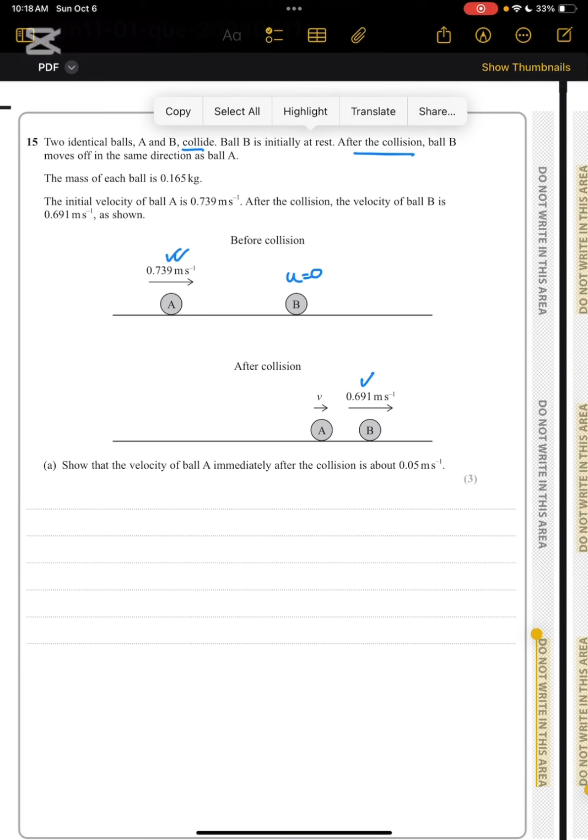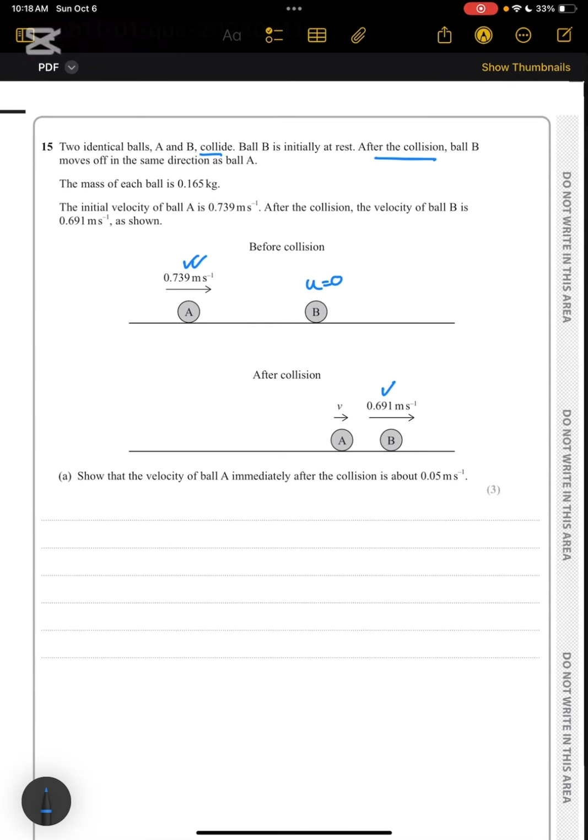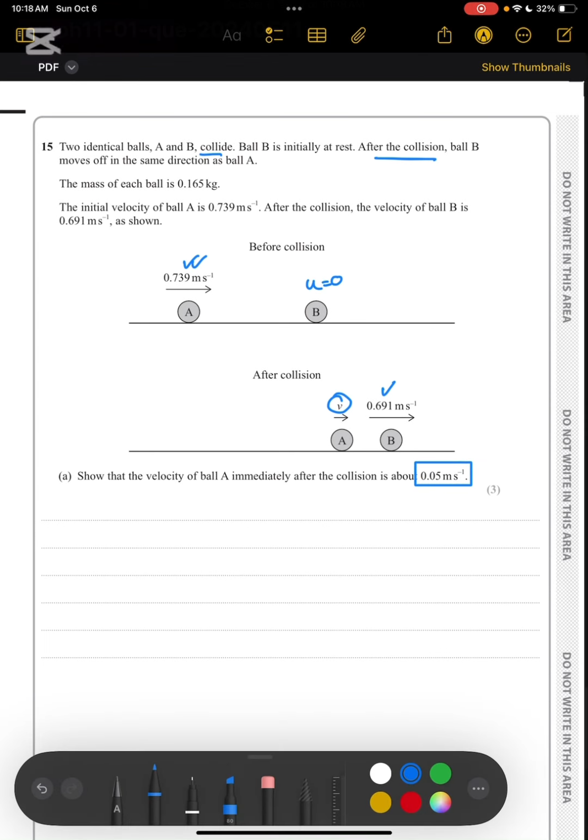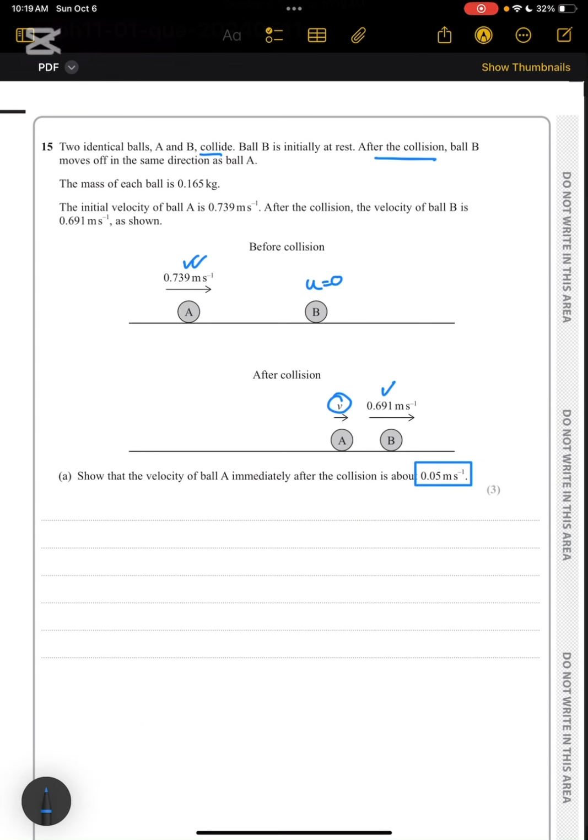So we have been asked to find out the velocity of ball A after the collision, and we have to show whether it is 0.05 or not. So let's go and find it out. If you consider before collision, we know the conservation of momentum says momentum before is equal to after.